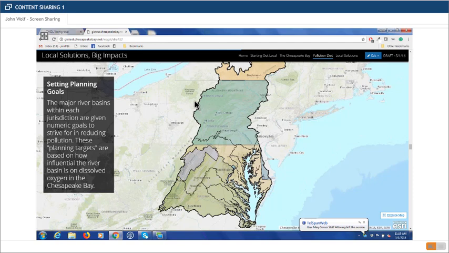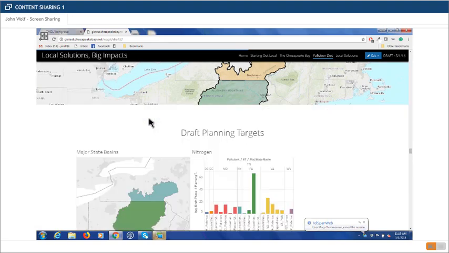And so those planning targets or planning goals are aggregated to these major state basins. This is what EPA basically hands the states, and so you have to come to a nutrient reduction for this geographic area, and it's up to you to figure out how those planning targets are broken out.